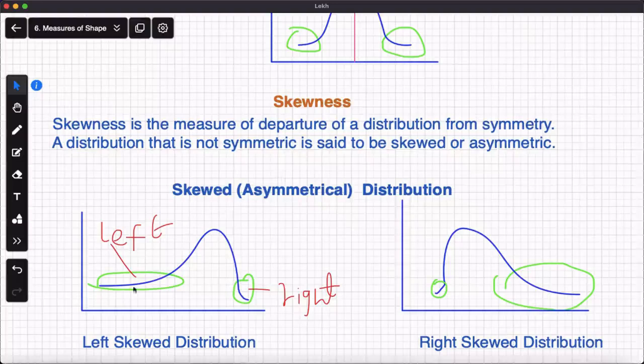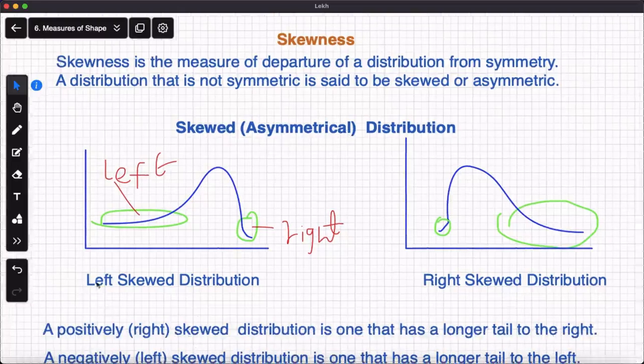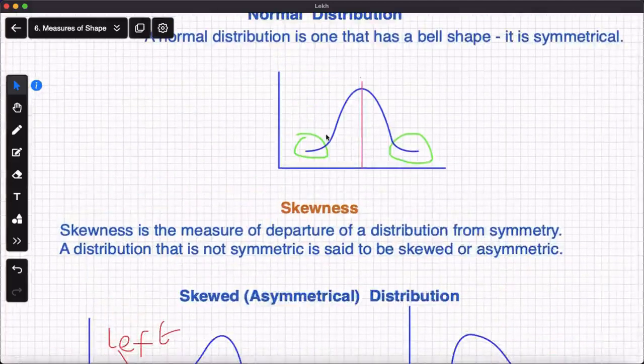The first one, called a left skewed or negatively skewed distribution, is a distribution that has a longer tail to the left. So the left tail is longer than the right tail, but that's not so in your normal distribution.